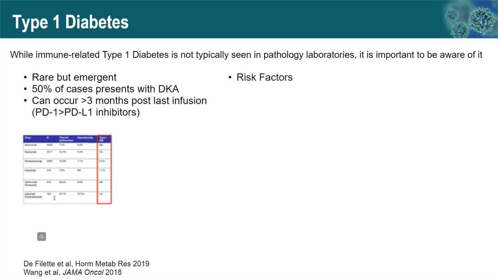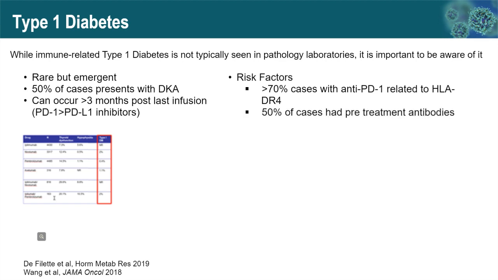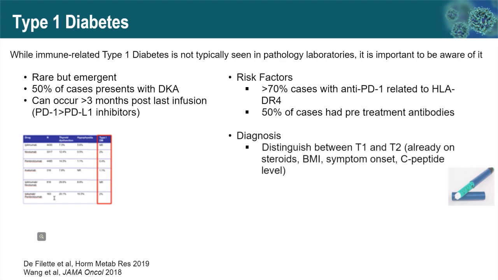The risk factors for the development of this toxicity include that more than 70% of cases are related to certain HLA genotypes, and 50% of cases were associated with the presence of pretreatment antibodies. In terms of diagnosing type 1 diabetes, it is important to distinguish between type 1 and type 2 diabetes, usually taking into account symptom onset, patient treatment with steroids in the past, and the presence of a C-peptide level.